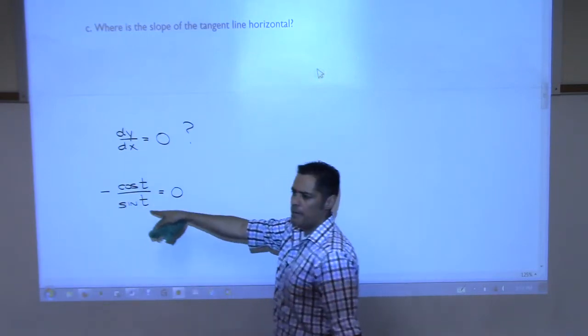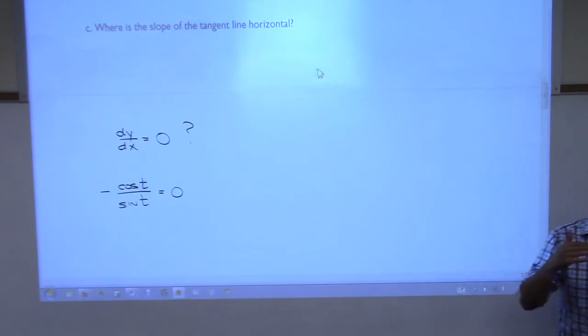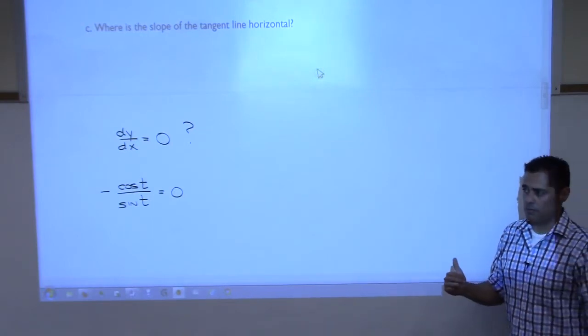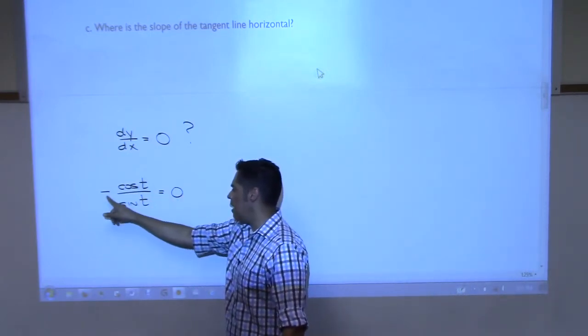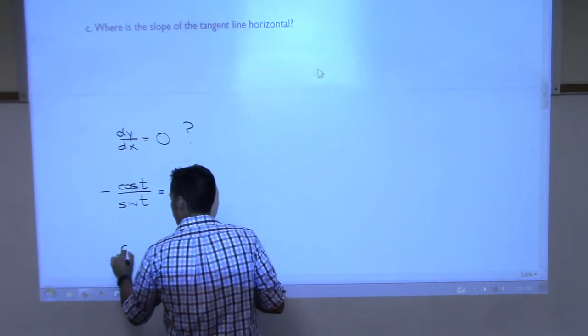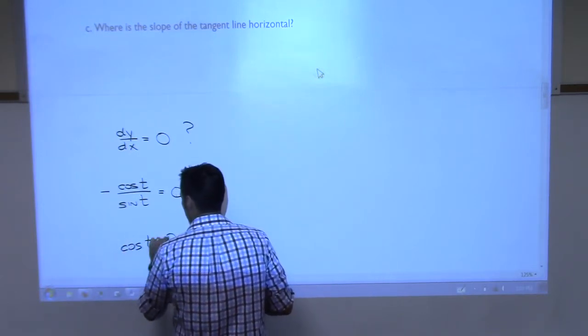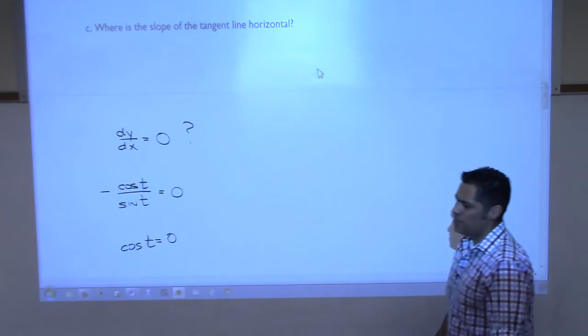That was our derivative, right? Remember, a fraction can only be 0 when the numerator is 0. So I could multiply both sides by negative 1 to get rid of that, and then just set the top equal to 0. So when is cosine 0?